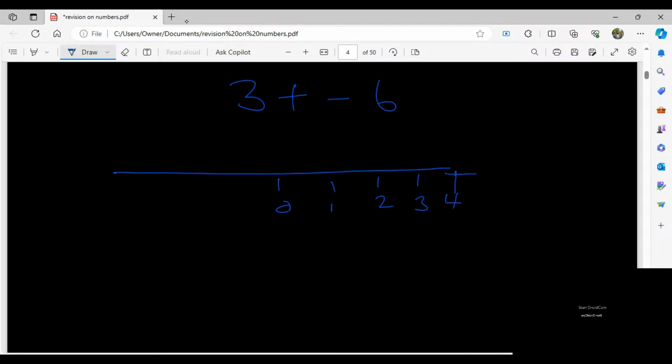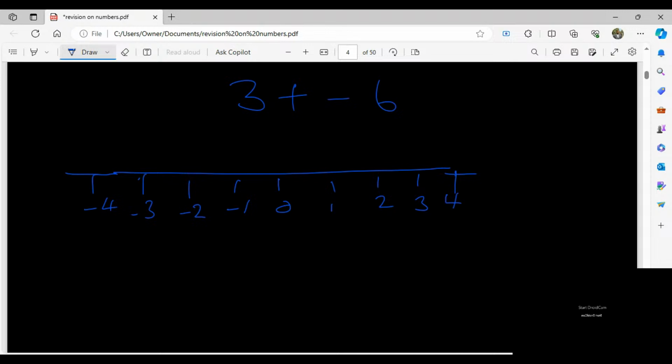So I'm going to write the problem here on top. All right. 3 plus -6. So again, I'm going to draw my number line like this one. 0, 1, 2, 3, 4, -1, -2, -3, -4. All right.